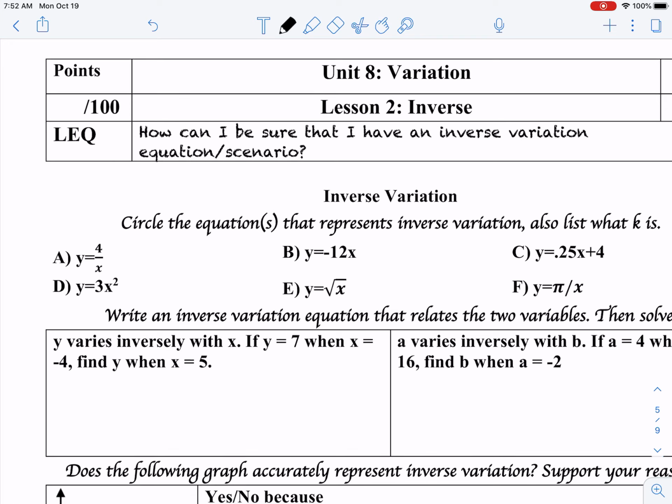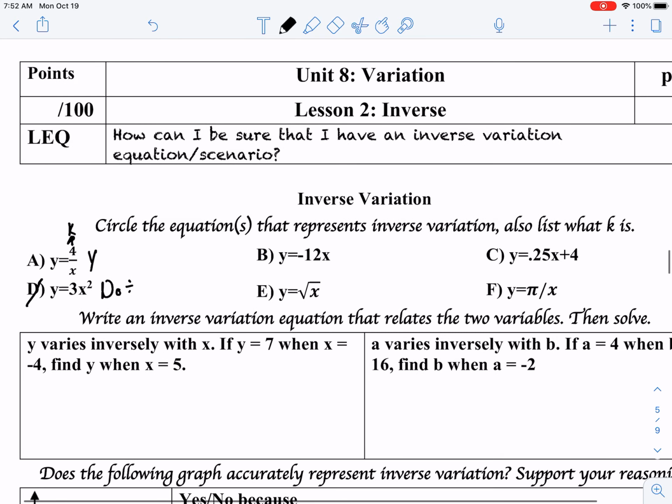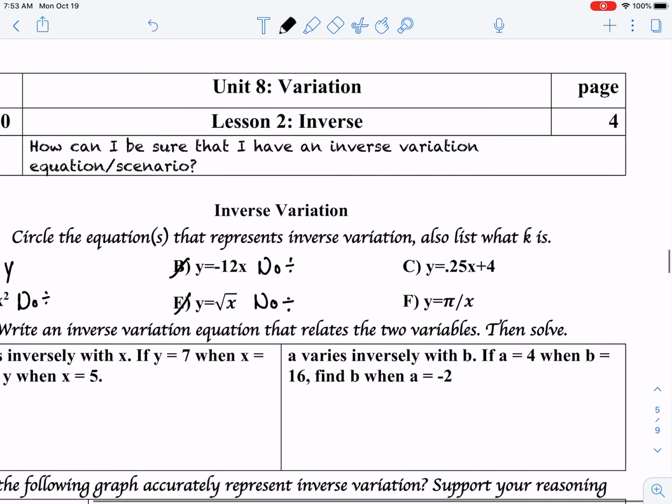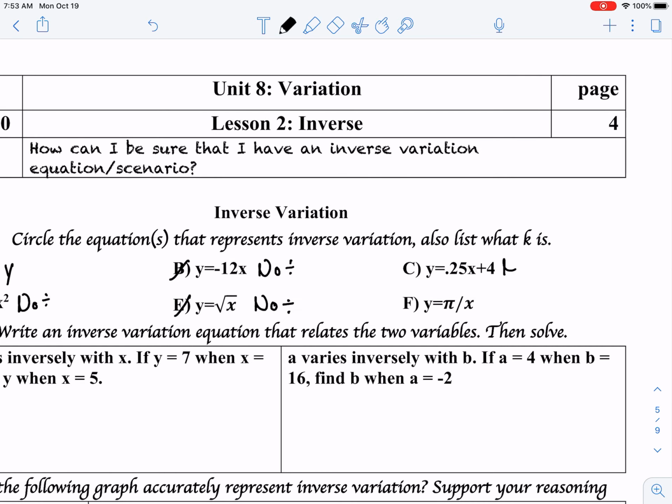Again, this is yes, because I have my constant, which is a k value, divided by an x. So you will always see division for inverse variation. D is not because there's no division. B is no because there's no division. E also no because there's no division. C also no because there's no division.